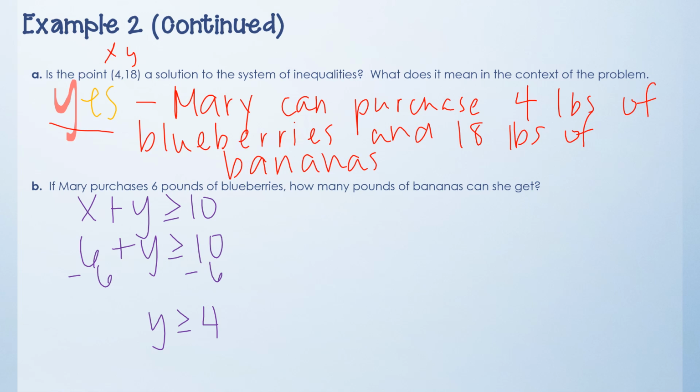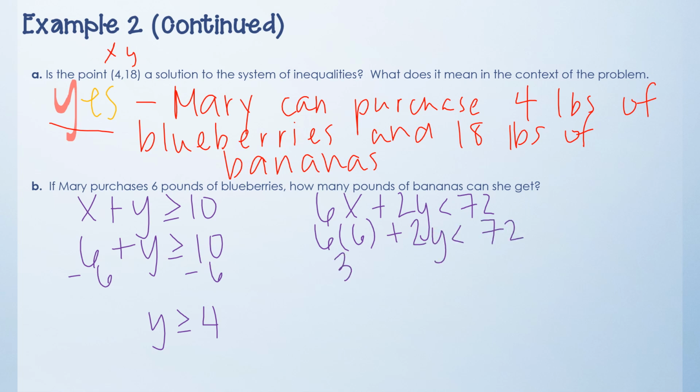So if she gets 6 pounds of blueberries, we automatically know that she needs to get at least 4 pounds of bananas. However, that doesn't just keep going on to infinity. There's a restriction on the top end for our maximum number of bananas. So if I use my other inequality, which was 6x plus 2y is less than 72, I can plug in 6 for x into this inequality as well.